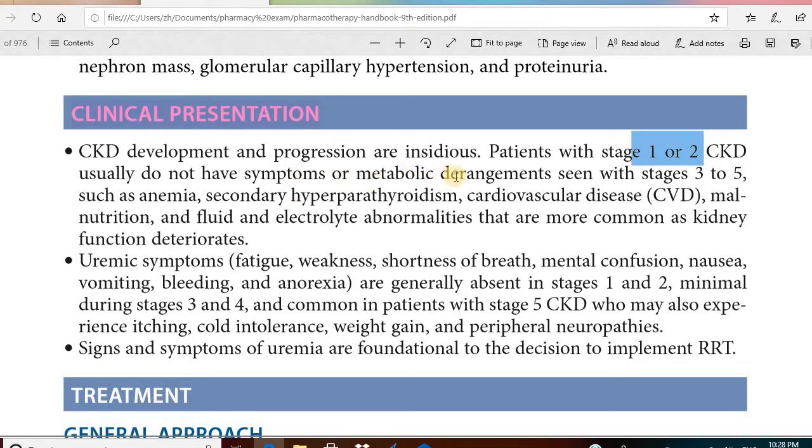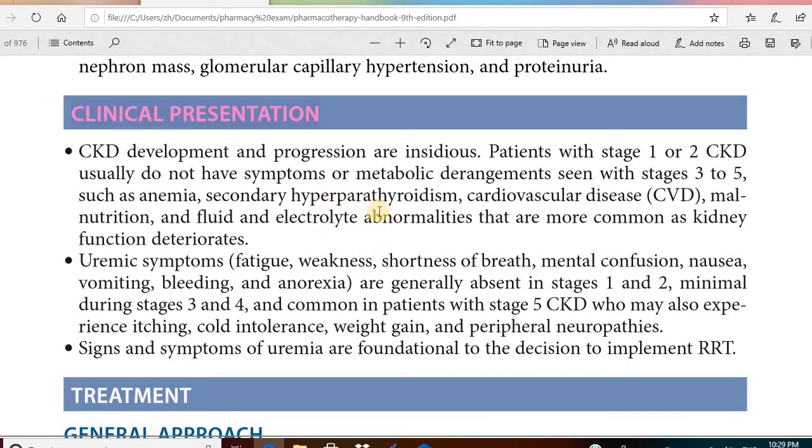Patients with stage 1 or 2 CKD usually do not have symptoms or metabolic derangements seen with stage 3 to 5, such as anemia, secondary hyperparathyroidism. The stage 1 or stage 2 patients have no symptoms. But for stage 3 to 5, there are some symptoms like anemia, because of blood loss, the patient can be anemic.